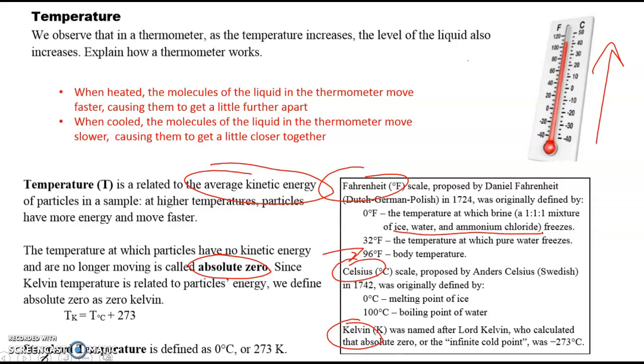But here in the United States, we use Fahrenheit. Everywhere else in the world is going to use Celsius because it's based off of the properties of water. It makes sense. And then Kelvin is actually the one we're going to use in our gas law calculations that are coming up anytime there's temperature.